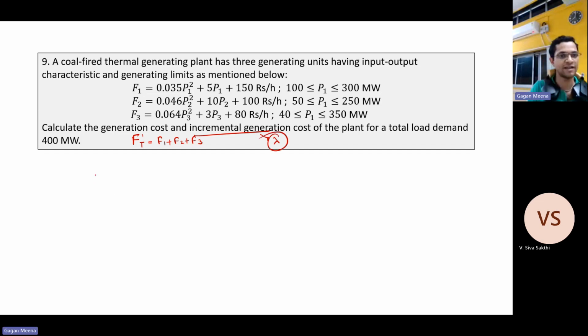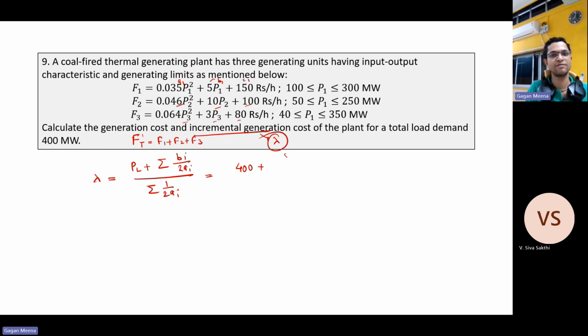We have already seen the formula for lambda: P load plus the summation of Bi upon 2Ai, divided by the summation of 1 by 2Ai. We know all the values. So this is A1, B1, C1, A2, B2, C2, A3, B3, C3. Just substitute these values. Load is 400.